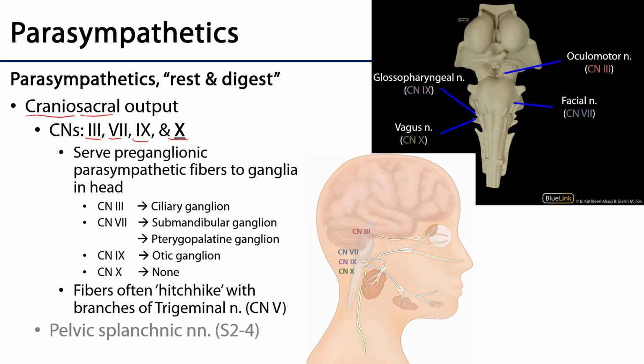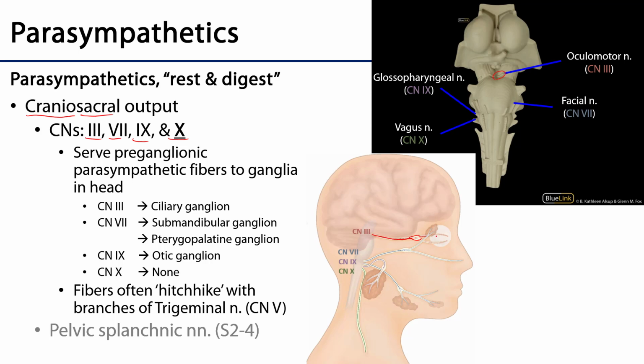So cranial nerve 3, the oculomotor nerve, emerges from the brainstem there, and it provides preganglionic parasympathetic fibers out to the ciliary ganglion. The ciliary ganglion is serving the eye.